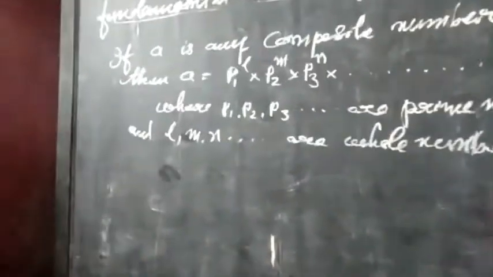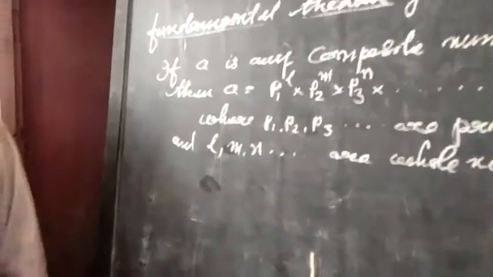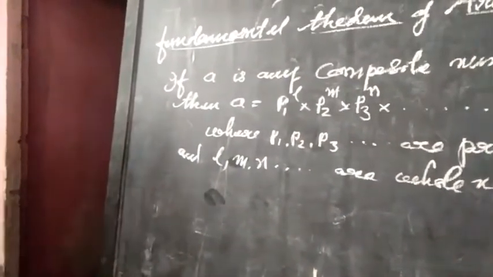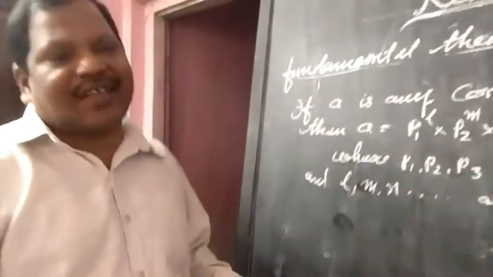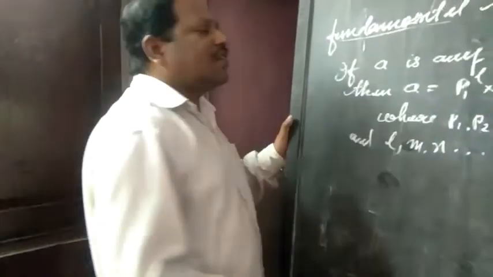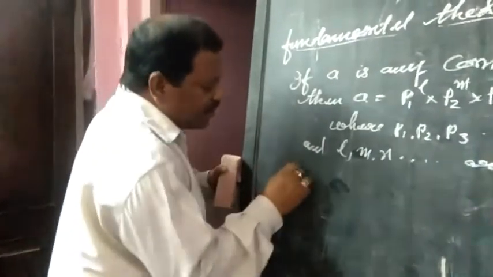Understood? This is the fundamental theorem of arithmetic. It means any composite number can be expressed as a product of primes uniquely. Okay, right.